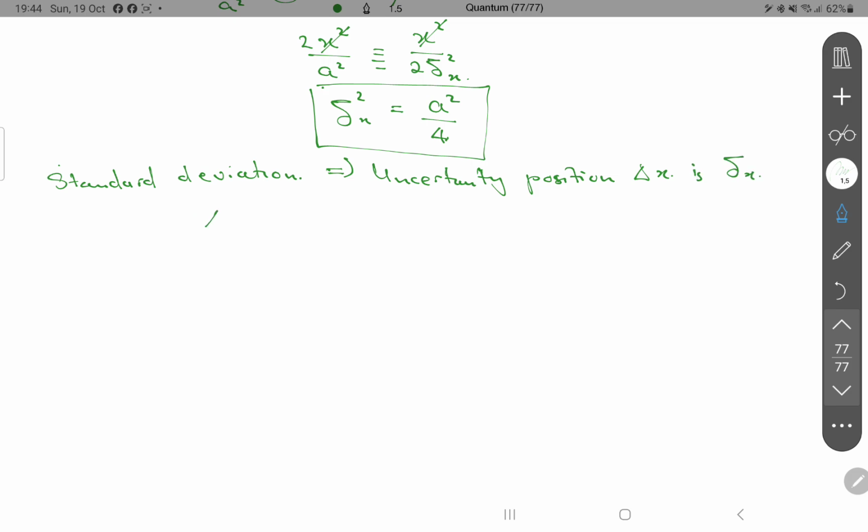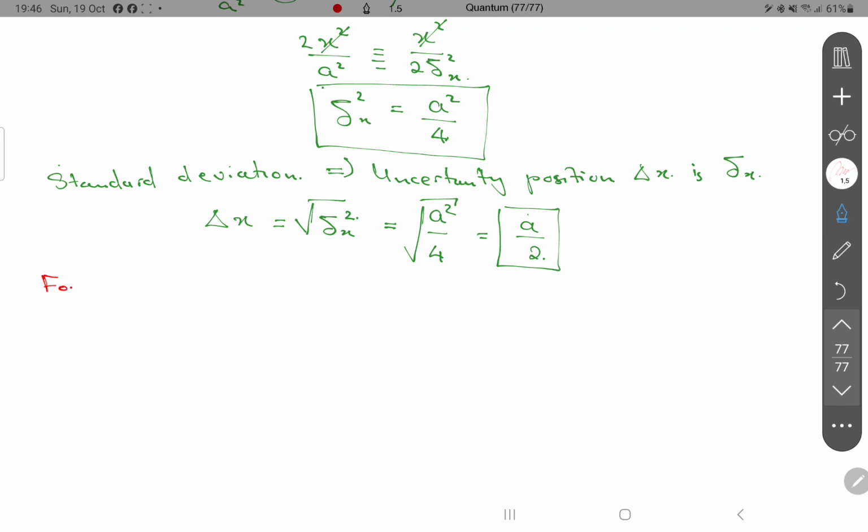So my delta x is the square root of this sigma squared, which equals the square root of a squared over 4, giving a over 2, the uncertainty.